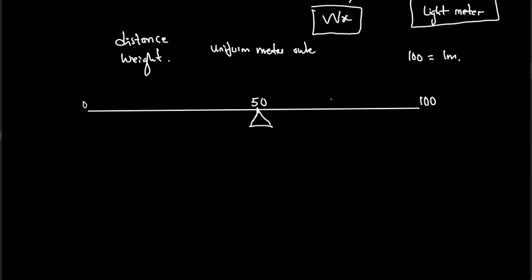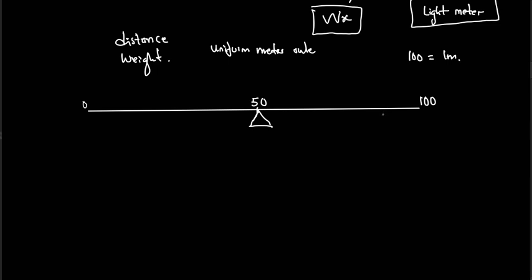Okay, so the distance from here to here, from the fulcrum to this end, is 50 cm. The distance from the fulcrum to this end is also 50 cm. I just want you to note that. Now you can have a question like this.